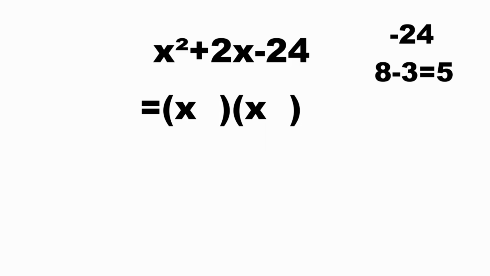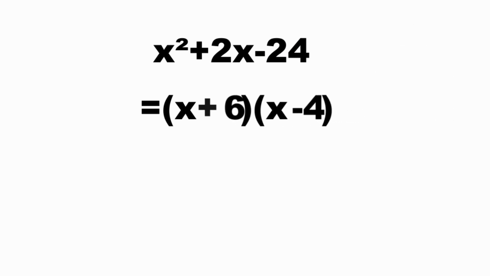But another factor pair of negative 24 is 6 times negative 4 is equal to negative 24. And if you add or subtract these, since opposite sign, 6 minus 4 is 2. Now you have 2 here, so the factors of x squared plus 2x minus 24 are quantity x plus 6 times x minus 4.